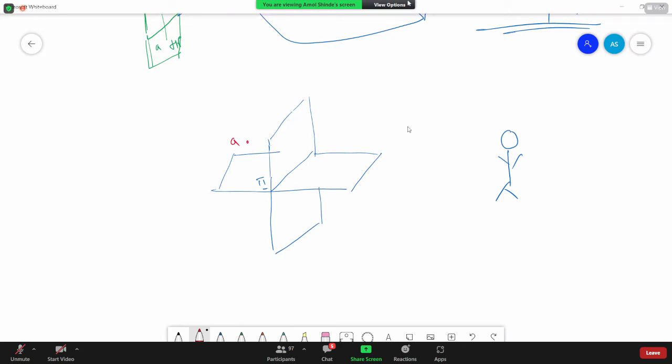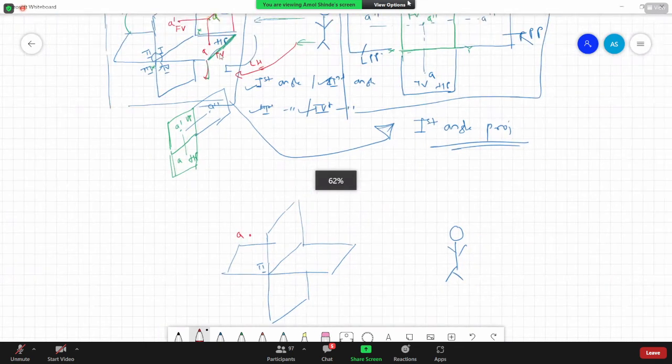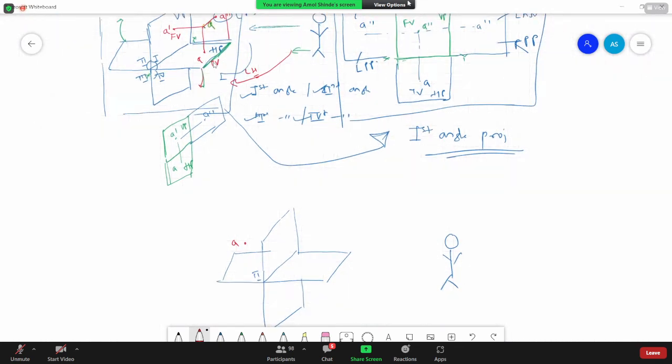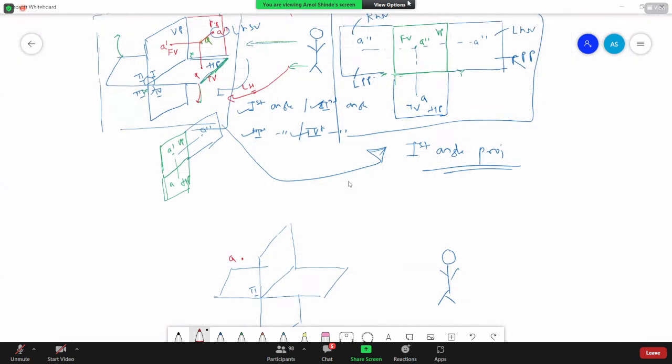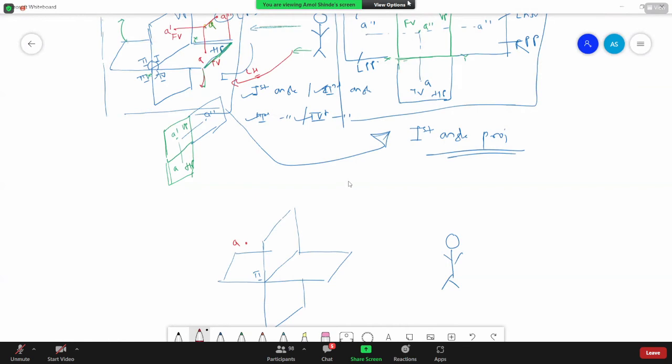Now what is the difference between these two? The difference is that when I want to draw the first angle projection, we are considering that the plane of projection must be transparent or non-transparent in first angle? Should be transparent or non-transparent? First angle के लिए.